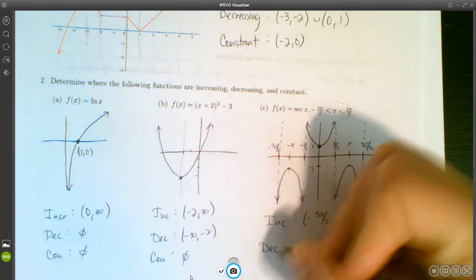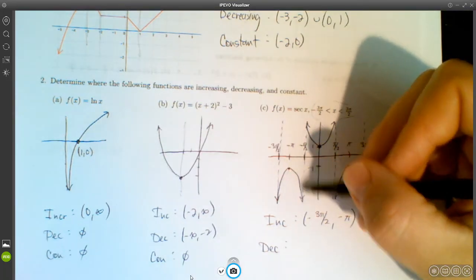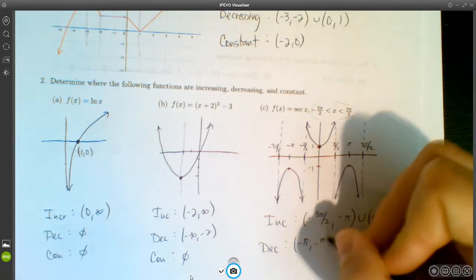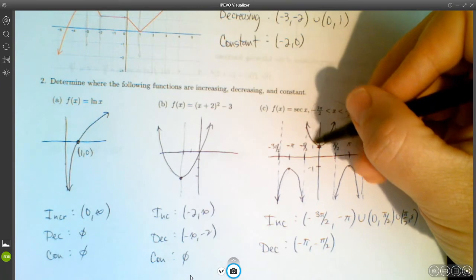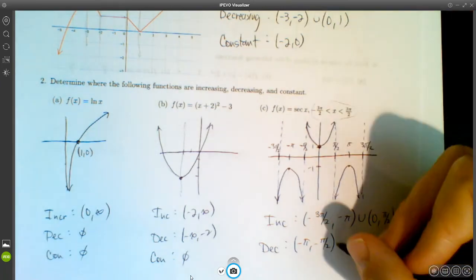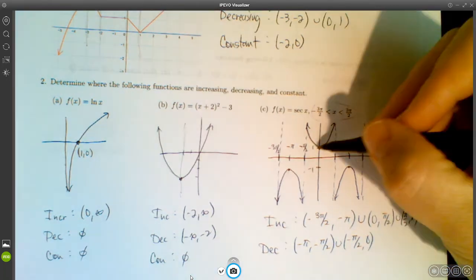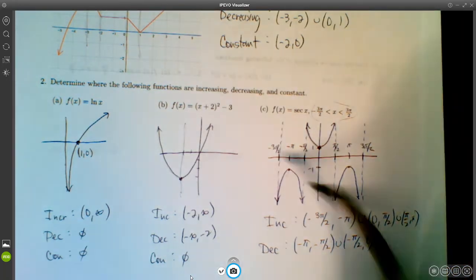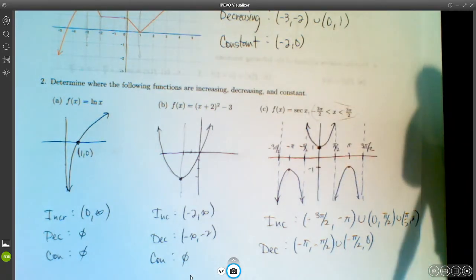Where is it decreasing? It's increasing, then it decreases from negative pi to negative pi over 2. Then up here it's decreasing again from negative pi over 2 to 0. Notice that I'm not including the negative pi over 2 in the place where it's decreasing. That's because at x equals negative pi over 2, it's impossible to determine what's happening, right?